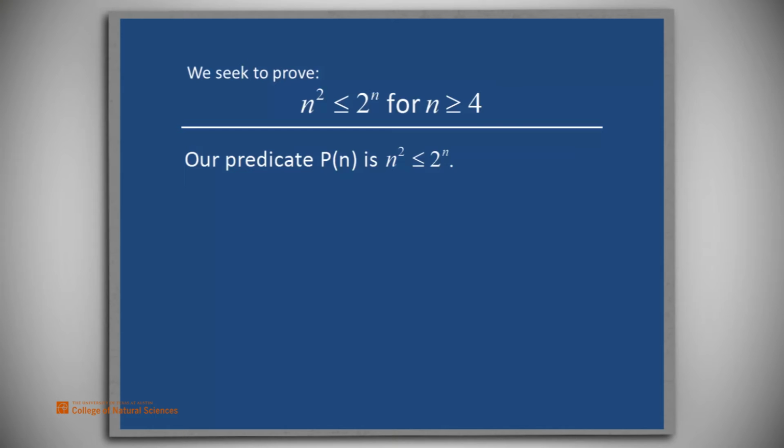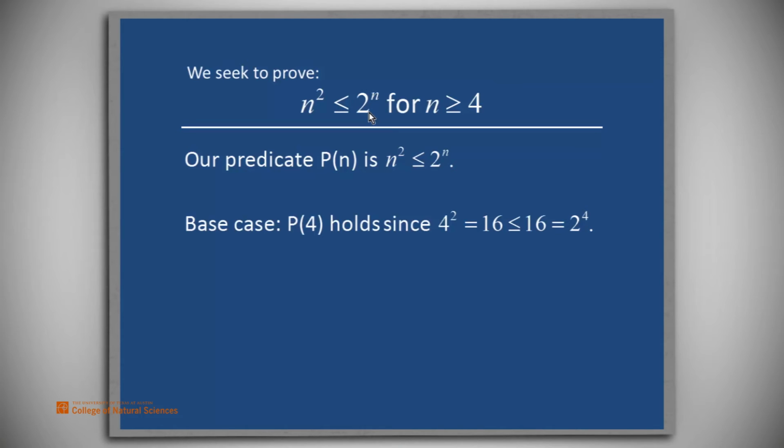Often base cases are either n equal to 0 or n equal to 1, but in this case our base case is going to be n equal to 4 because this result, that is n squared less than or equal to 2 to the n, is in fact false for n equal to 3. It is true for n equal to 0, 1, and 2, but it is false for n equal to 3. It is true for n equal to 4, and we will begin our base case with n equal to 4.